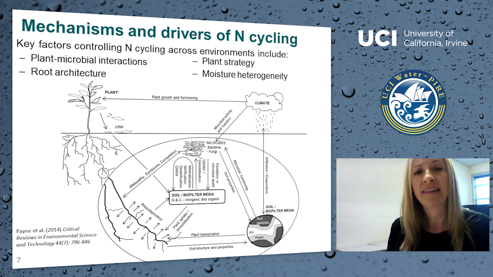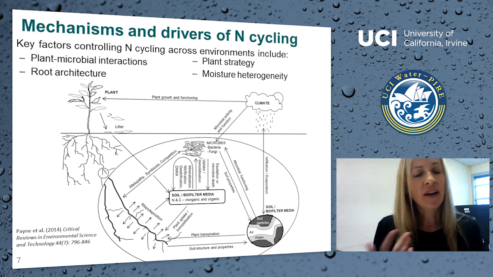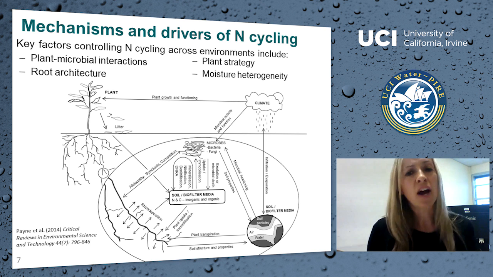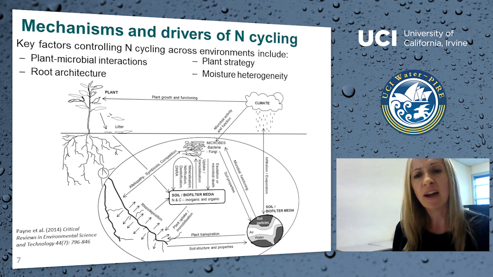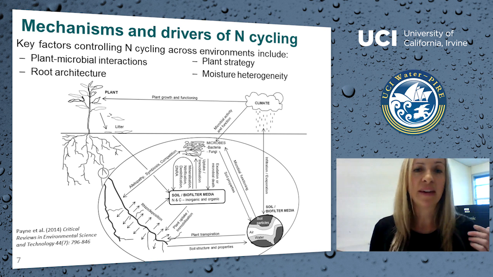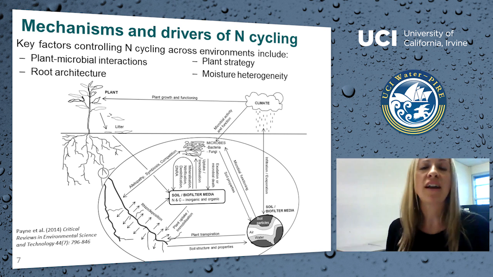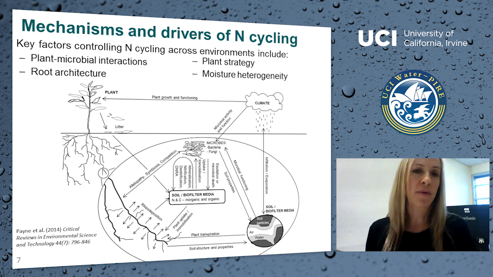So on slide 7, we conducted a literature review to look at nitrogen cycling within a range of environments and to try and draw some implications for nitrogen processes that we could expect within stormwater biofilters. And some of the key findings to come out of this literature review were the importance of plant and microbial interactions.